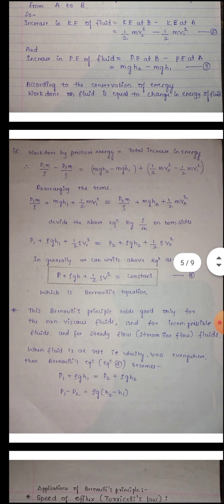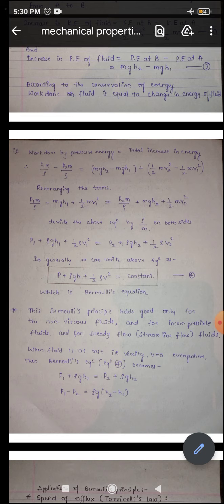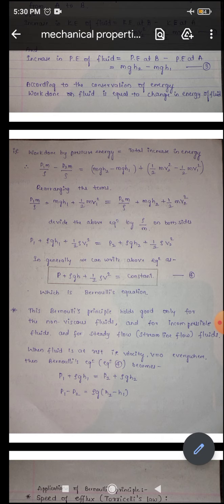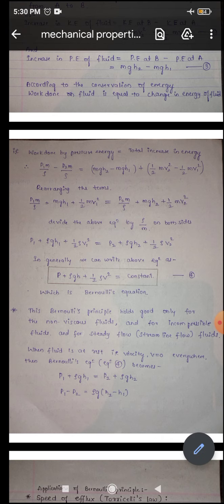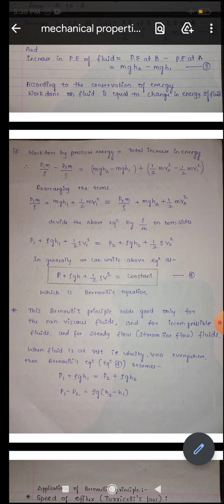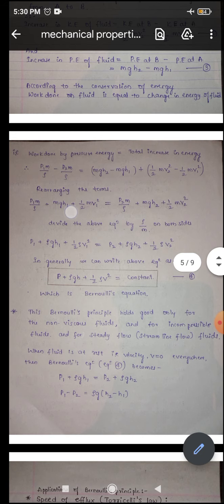Rearrange these terms, that is, take the terms with subscript 1 on one side: this P1m divided by rho plus mgh1, we are sending this minus mgh1 to the left-hand side, so that will become plus mgh1.